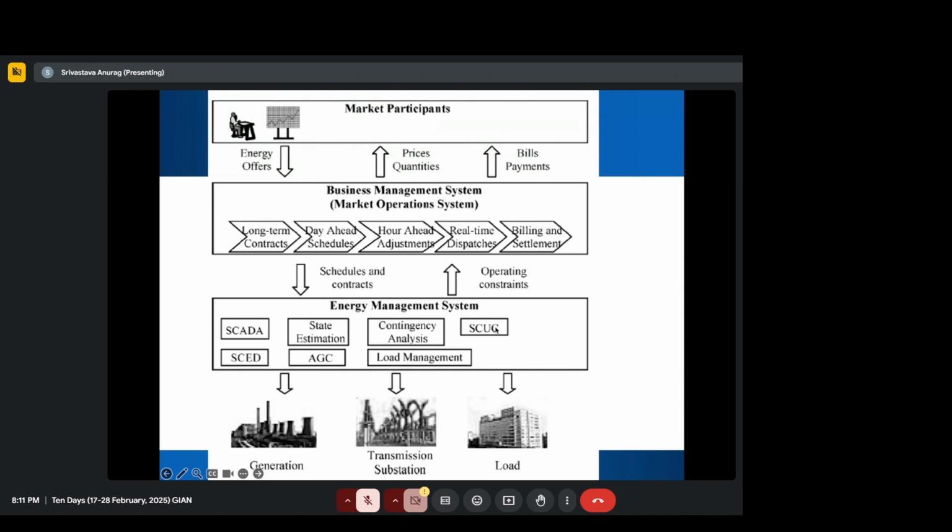Typically, this is done in hours, and this is done in minutes. So from SCED, we have to send the command to the generator on how much power to generate, and that is done through the AGC, Automatic Generation Control. This resides in the generator unit control and also gets the signal from the control center. And sometimes you have to do the load management. So this is the first part which already exists in the transmission system.